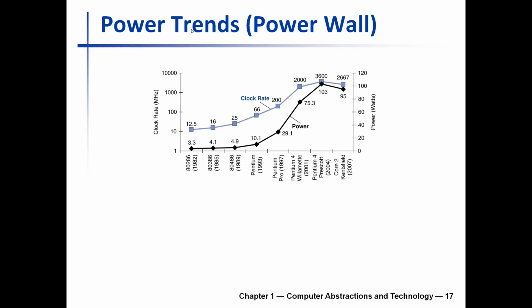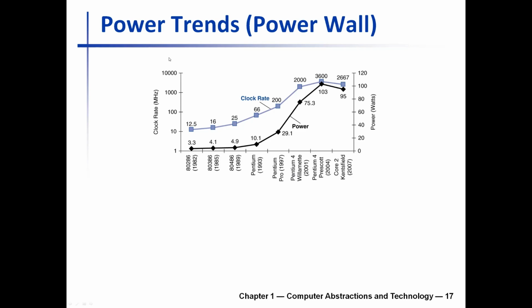Right. So what do we have in this graph? In the horizontal axis, as usual, we have time or the models of mainstream processors released in these years. So the horizontal axis is basically time. We have two vertical axes.